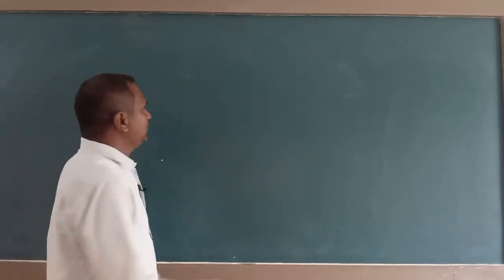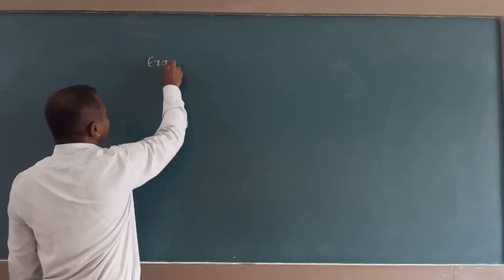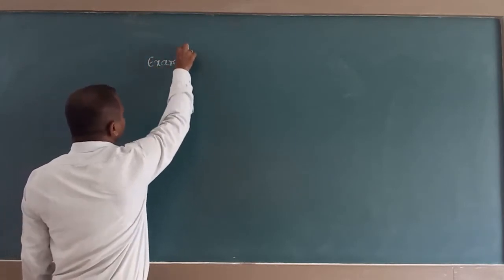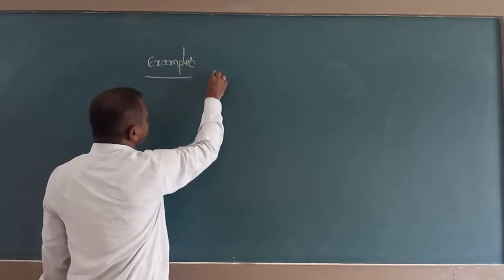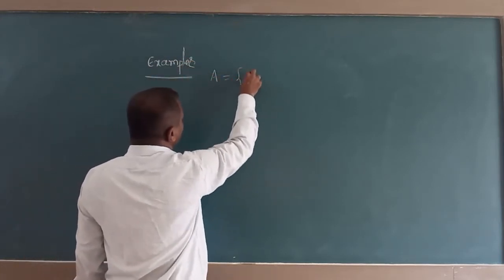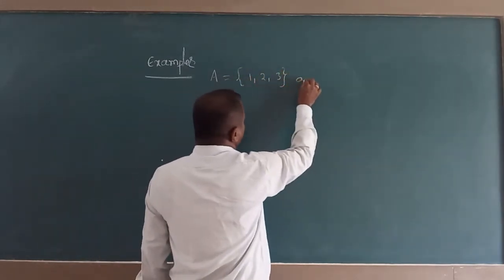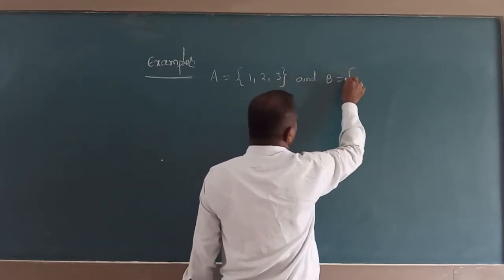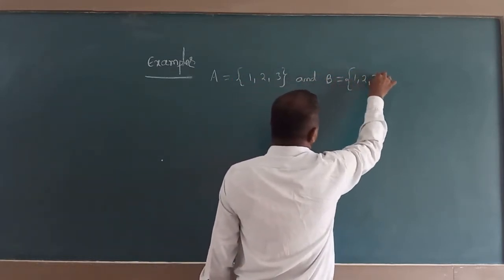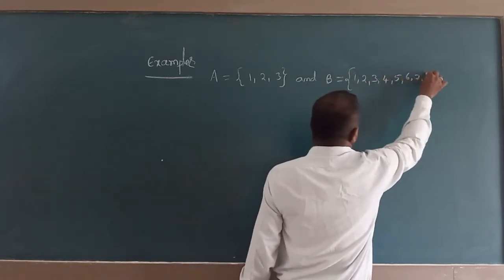See here, for example, examples for subsets. A is equal to {1, 2, 3} here, and set B is equal to, taking some elements here, {1, 2, 3, 4, 5, 6, 7, 8}.